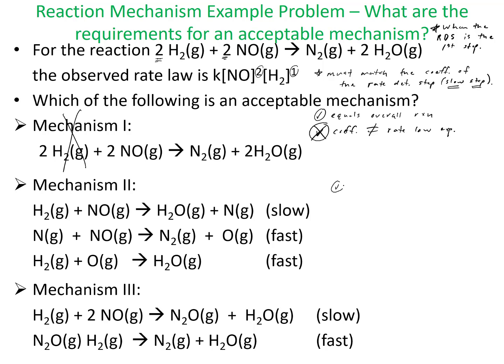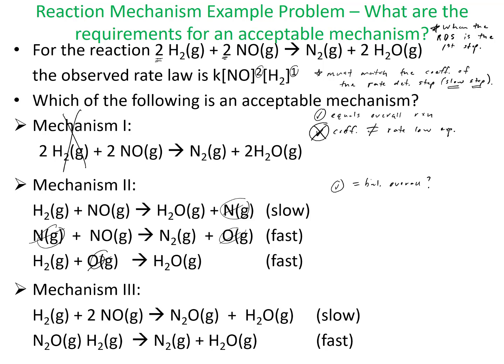Let's first check to see if these equal the balanced overall. So we're going to use something like Hess's law here, and this nitrogen cancels with this nitrogen, so that must be an intermediate. This oxygen cancels here.